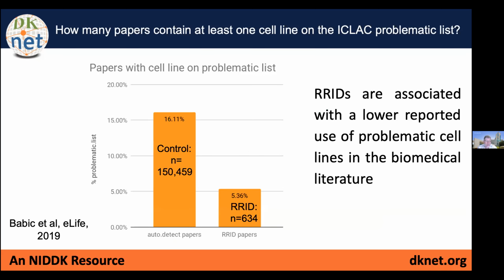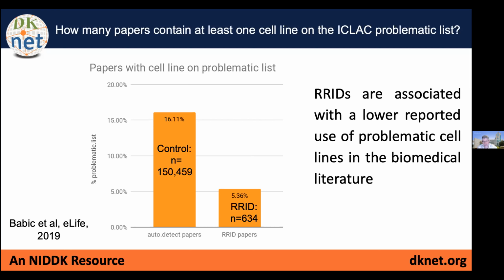One of the things that we looked at, and that was very interesting, is that when we looked at publications that use cell lines and compared papers where there was no RRID detected versus papers with RRIDs, we found that when authors cited RRIDs, that was associated with a lower reported use of problematic cell lines.